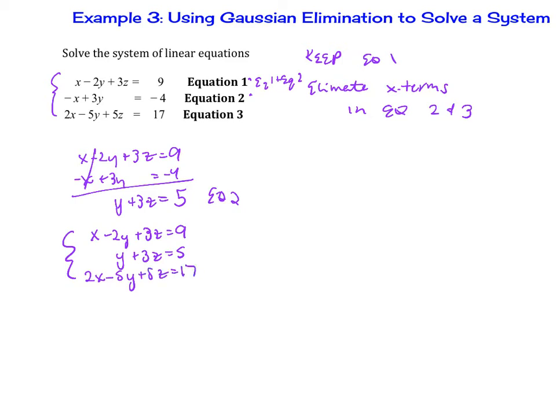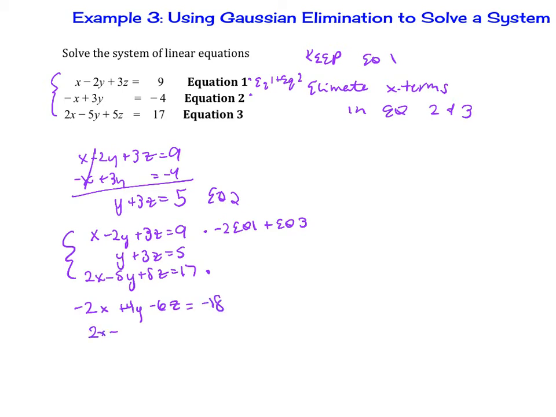Now we want to get rid of x in the third equation as well. So I'm going to multiply equation 1 by negative 2 and then add it to equation 3. Now I have negative 2x plus 4y minus 6z equals negative 18.